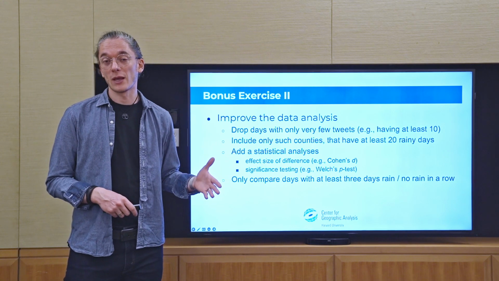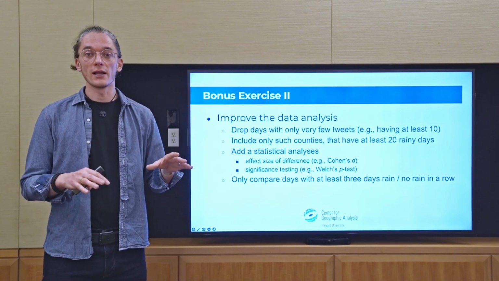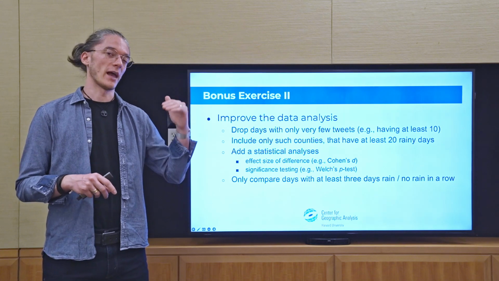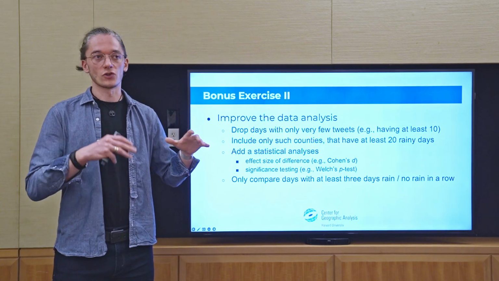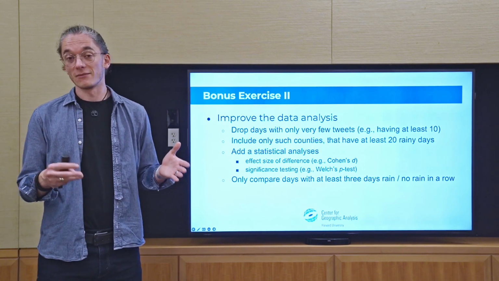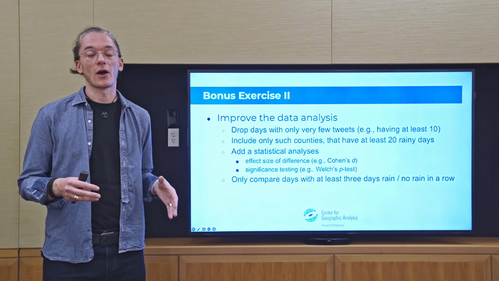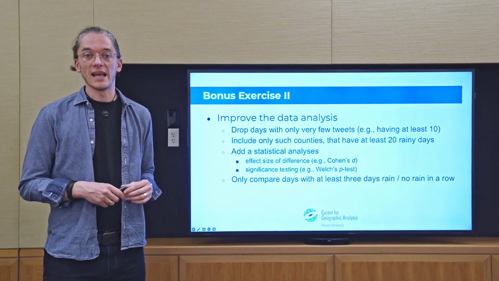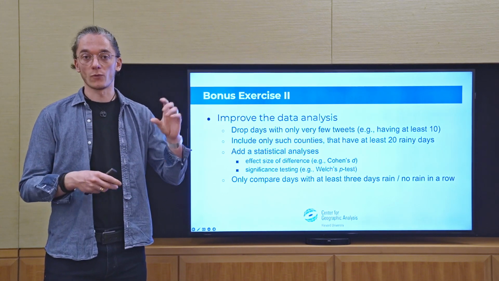Likewise, we can do the same for days where we have only very few rain days, because if we have a threshold that it should rain at least this and that amount, then it is entirely possible that there are some counties where we have no or only very few days where there was more rain than our threshold.